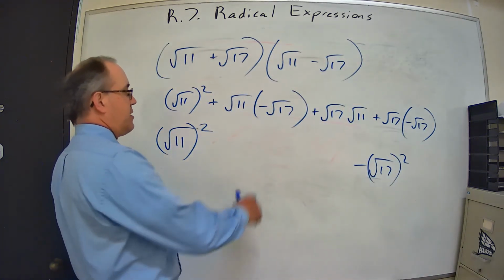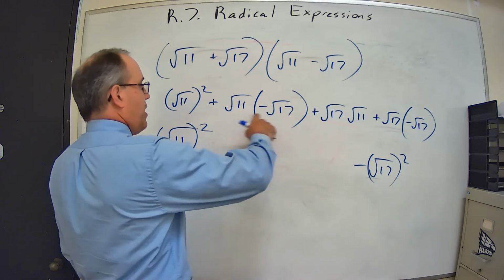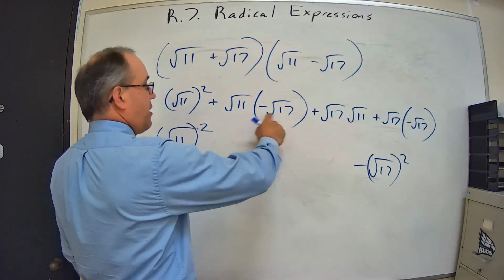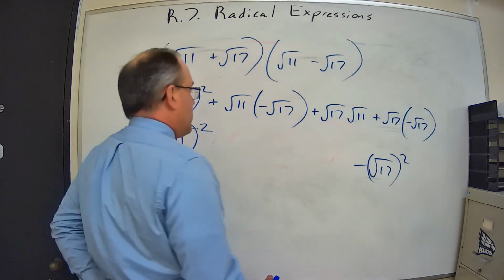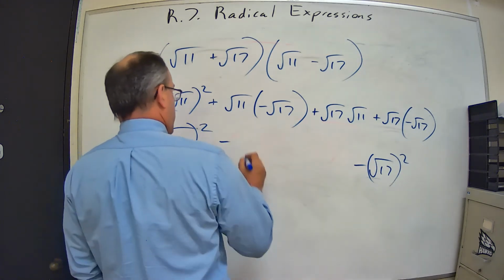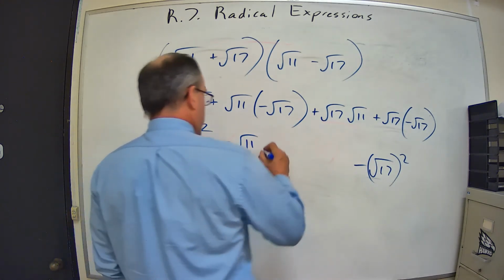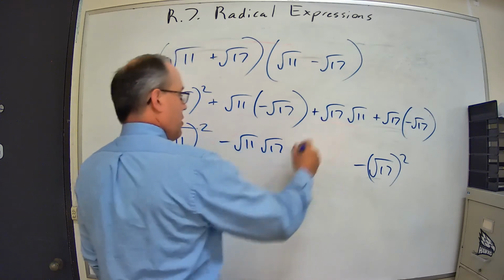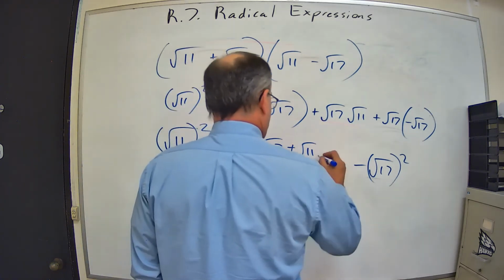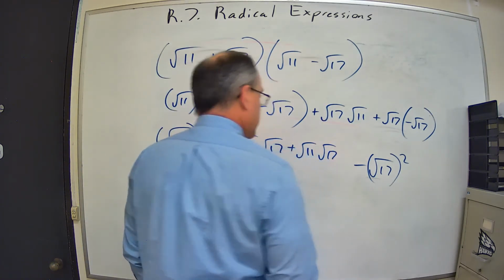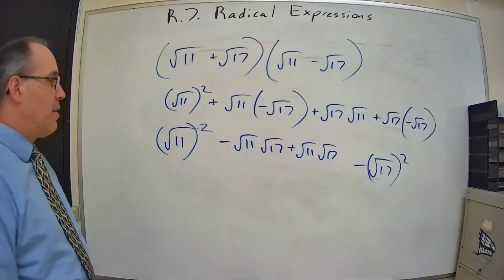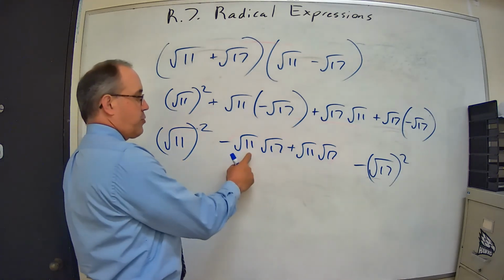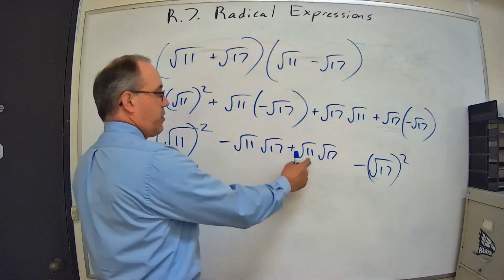And then I've got square root of 11 times the negative of square root of 17. So I'm going to say negative square root of 11 square root of 17 plus the square root of 11 square root of 17 minus square root of 11 square root of 17 plus square root of 11 square root of 17.